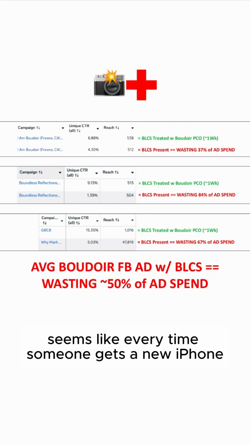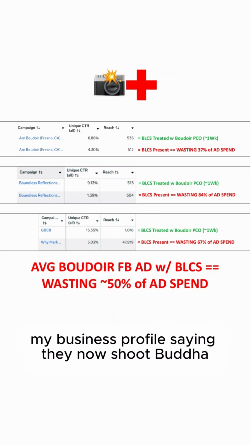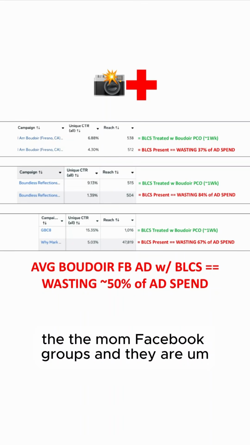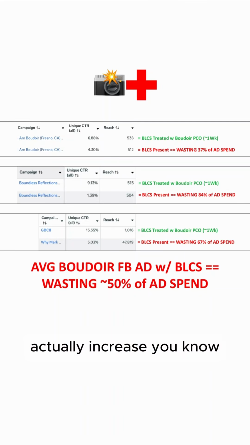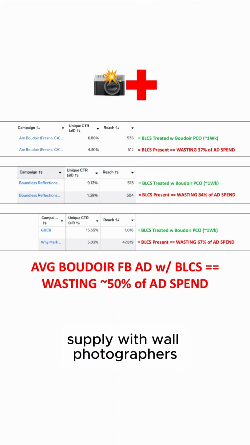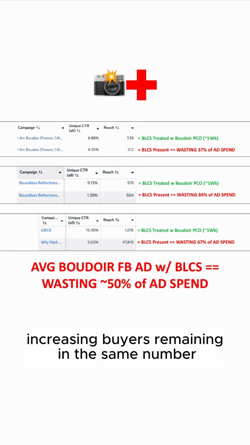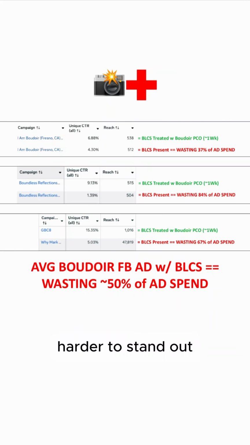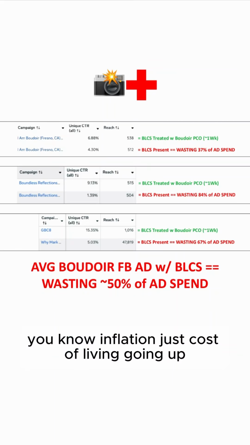Seems like every time someone gets a new iPhone, someone's throwing up their Google My Business profile saying they now shoot boudoir, or they get a new camera. They're posting in the mom Facebook groups. The supply of boudoir photographers is increasing, buyers remaining the same number, which is making it more and more competitive, harder to stand out. And you've been seeing inflation, just cost of living going up.